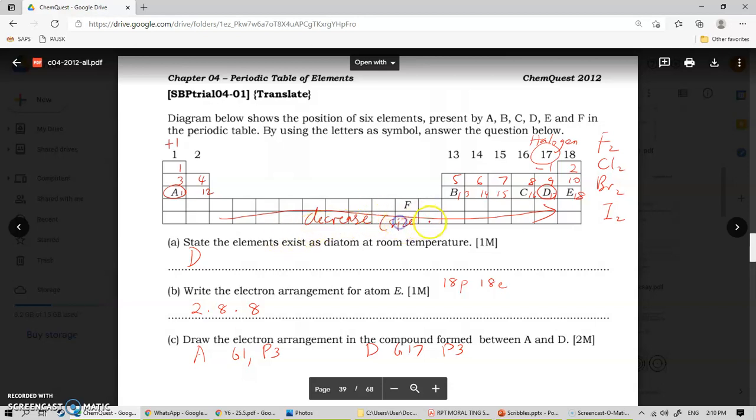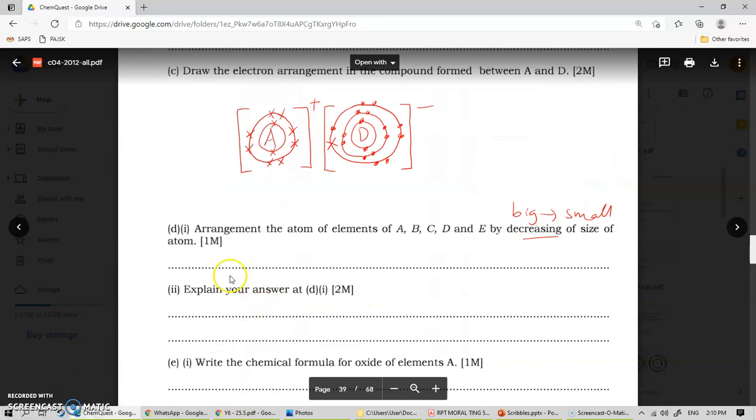So which one will have the biggest size? A will have the biggest size, and E will have the smallest atomic size, because A, B, C, D, E are all in the same period. Let's write down A is the biggest, followed by B, C, D, and E.